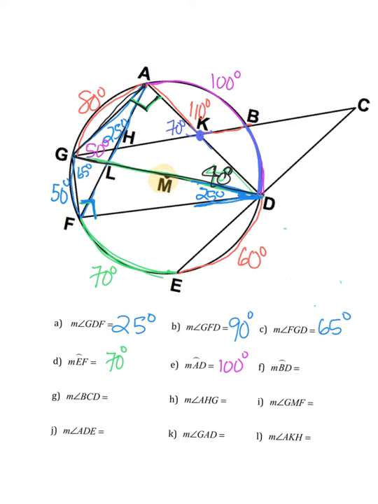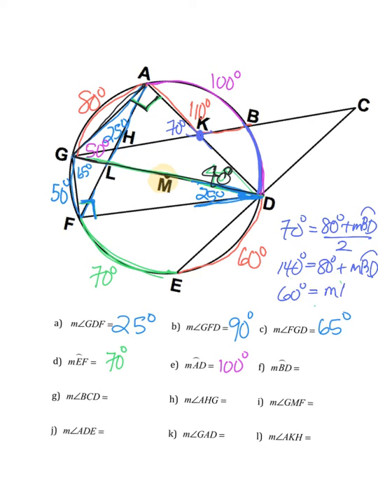So we have 70 degrees is half the sum of 80 degrees plus measurement of arc BD, or 140 degrees is equal to 80 degrees plus measurement of arc BD. And subtracting, that makes 60 degrees equal to measurement of arc BD. Arc BD is 60 degrees.